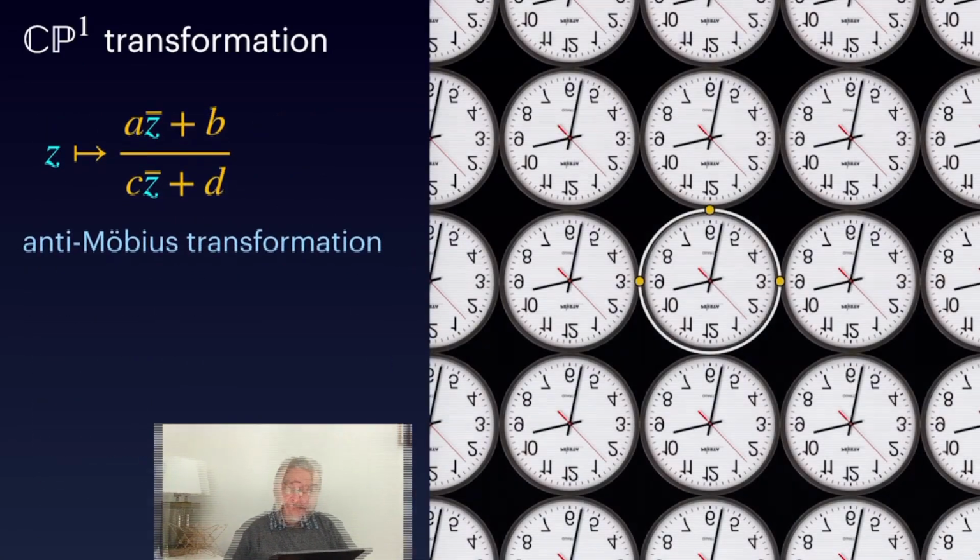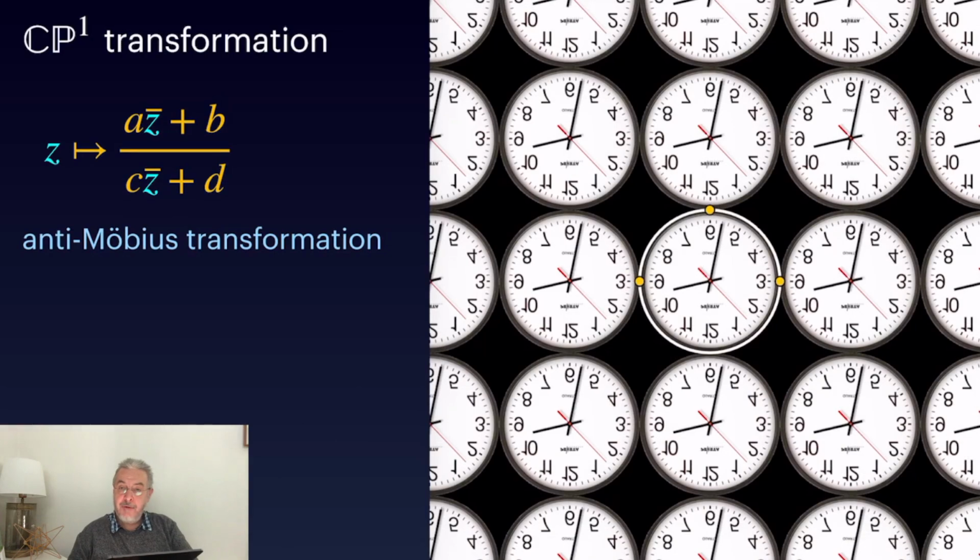Instead, as the end of this lecture, I want to give you another movie that shows how anti-Möbius transformations act. Here I have an anti-Möbius transformation that maps the boundary of the clock again to the clock, and if you look now, the picture has been reversed along the real axis, and all our numbers here are really mirror images.